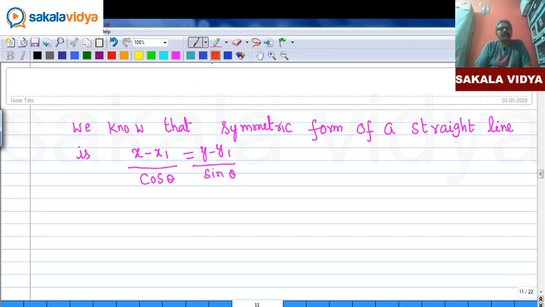Let us say this is equal to plus or minus r.